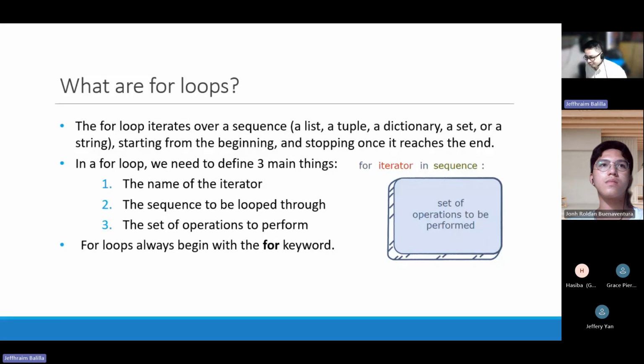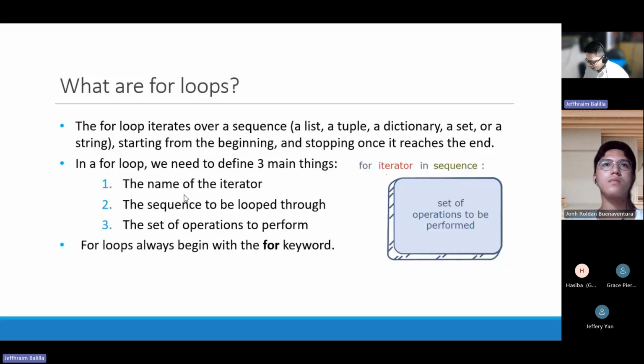That's the for loop. So in a for loop, we need to define three main things. Okay, the name of the iterator. So that is the iterator that I have in here. The iterator can be named anyhow you want. Okay, it could be just one letter, it could be a word or whatever makes sense to you.